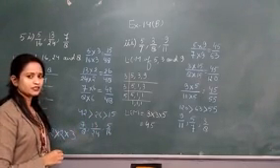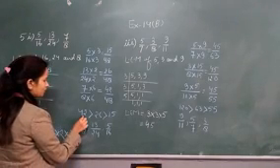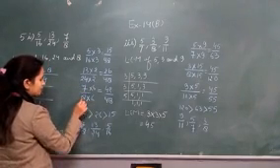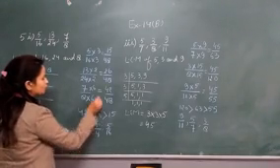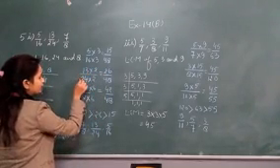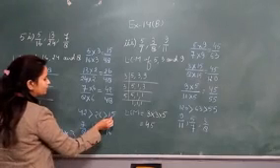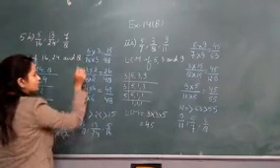Now we will arrange in order. 42 is the numerator of 7/8, so we will write here 7/8. 26 is the numerator of this fraction, 13/24. We will write here 13/24. And then 15 is the numerator of this fraction, 5/16.